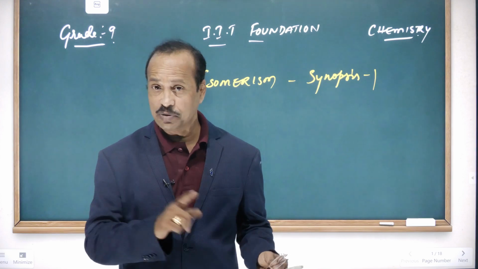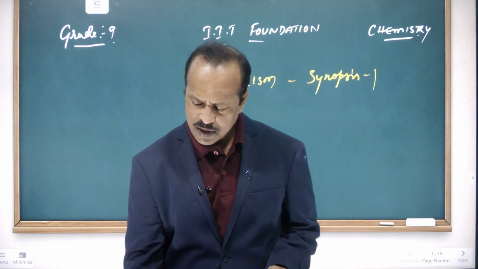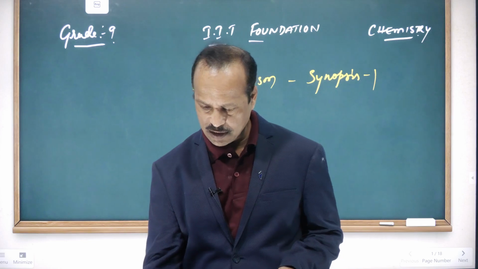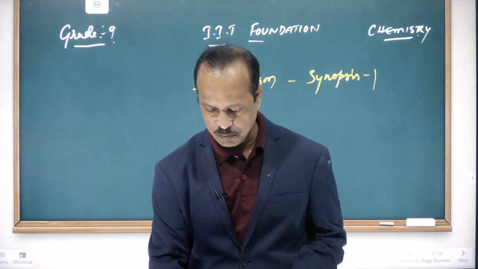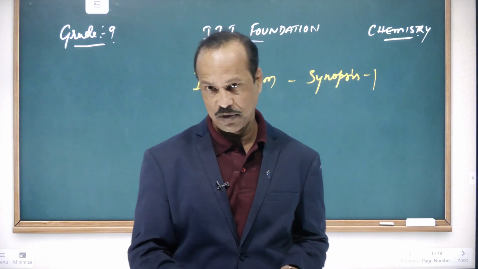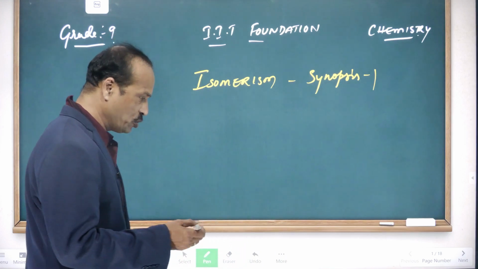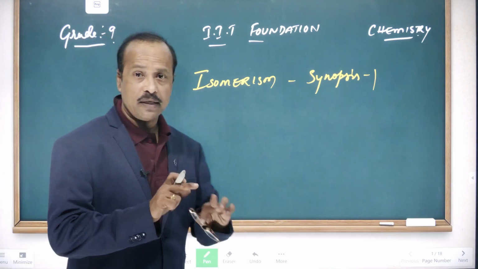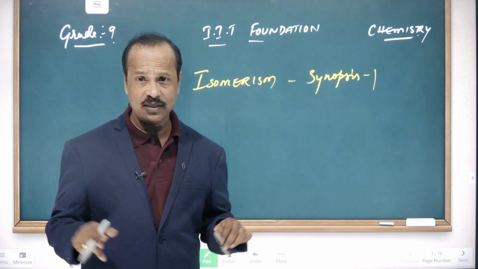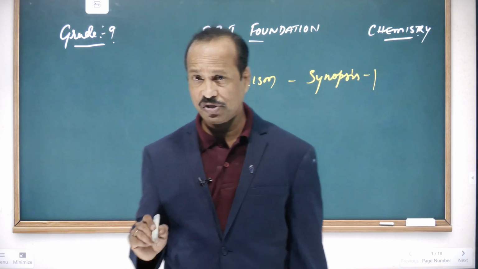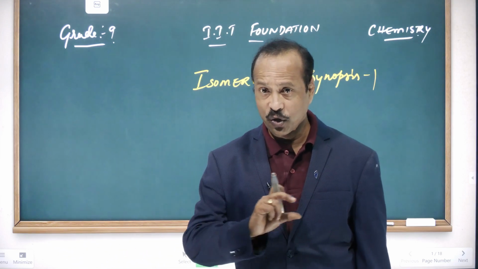In this we discussed chain isomerism. Once again I'll give just one example. Chain isomerism means there is a difference or change in the root word.